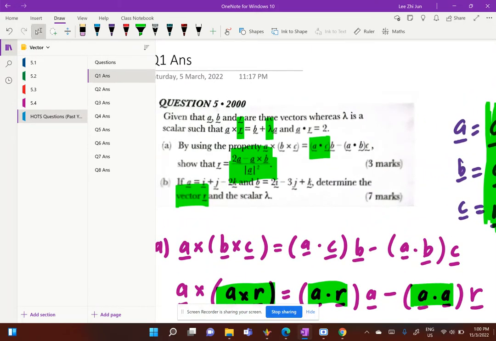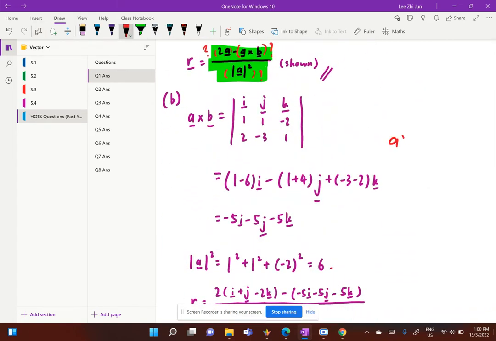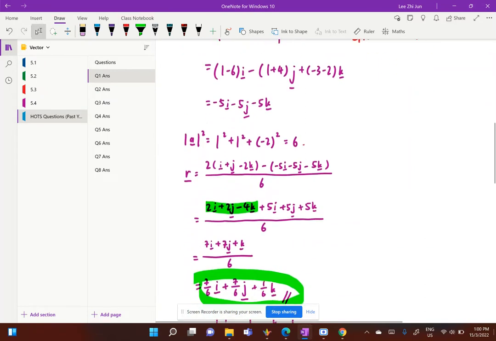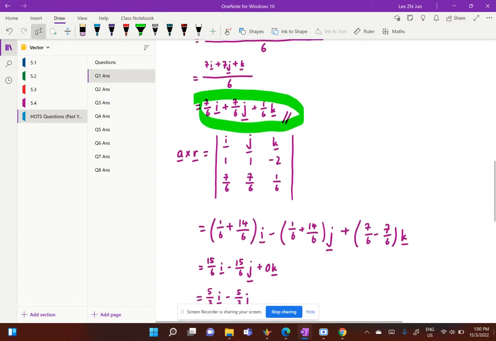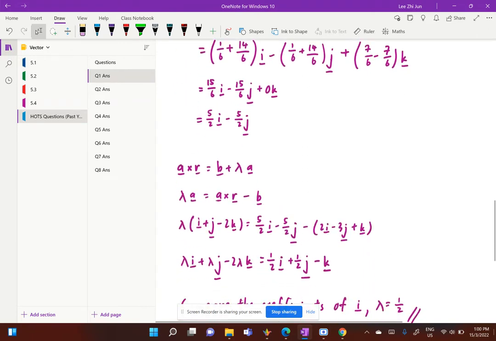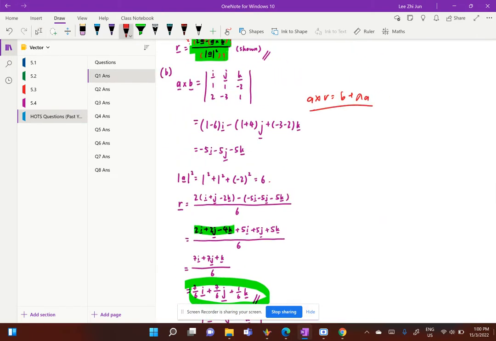A cross R equals B plus lambda A. Next I need to find this A. I need to find A cross R first.